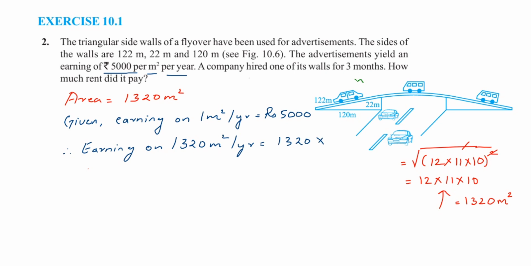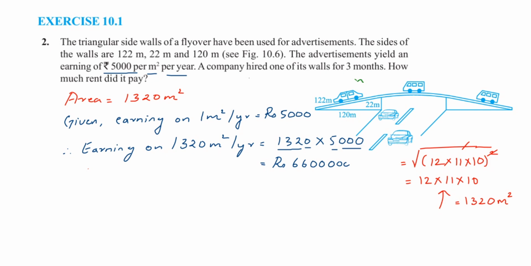1320 times 5000. So when you multiply 132 and 5, you will get 660. So it will be rupees 660, and here I have not multiplied the zeros. Here I have 1 zero and here I have 3 zeros. So total 4 zeros. So this is a short way of multiplying it.